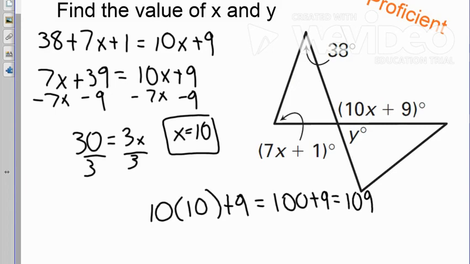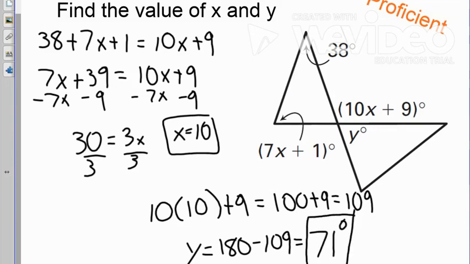So to find the measure of y, y is going to equal 180 minus 109. And that is going to give me an answer of 71. Okay, so our answers here, we should have got x equals 10 and y equals 71.